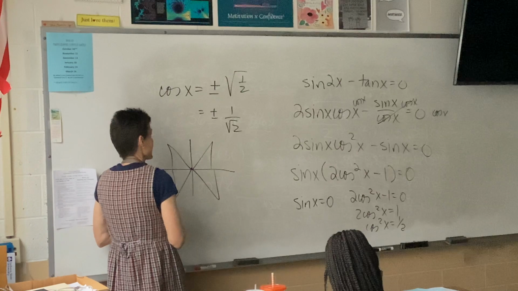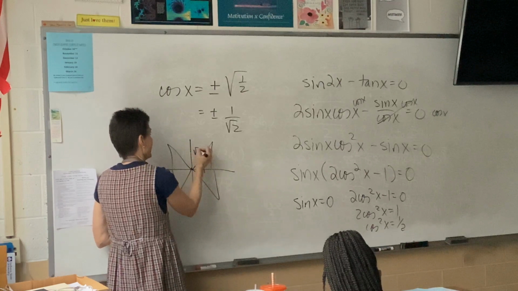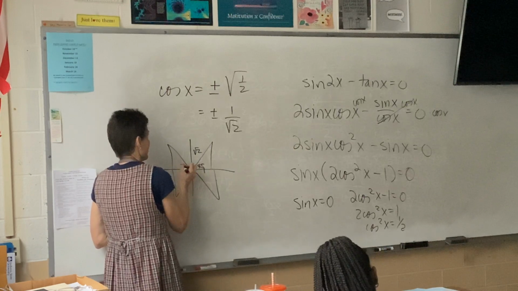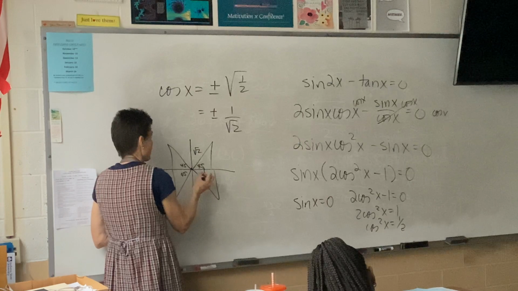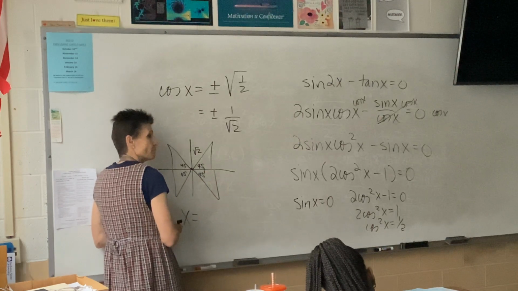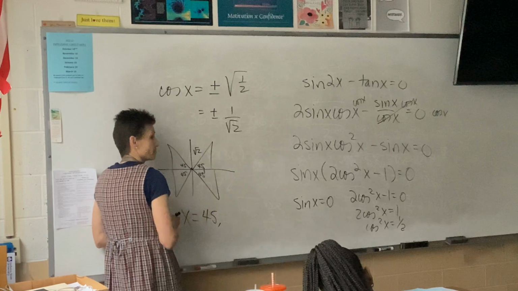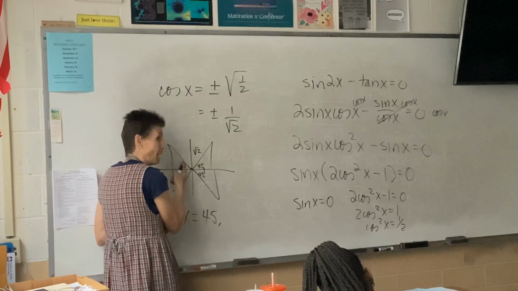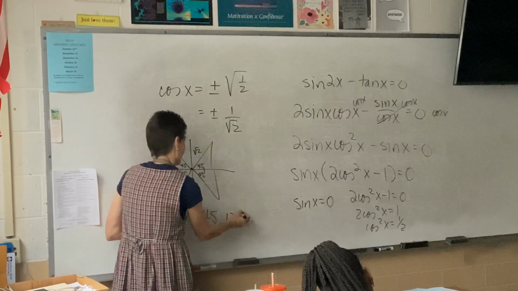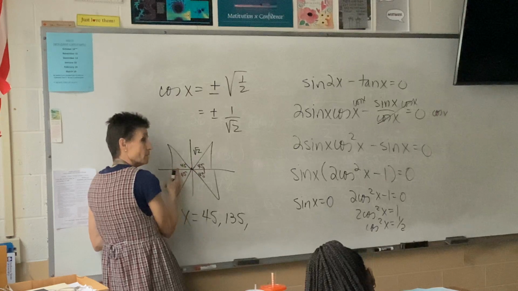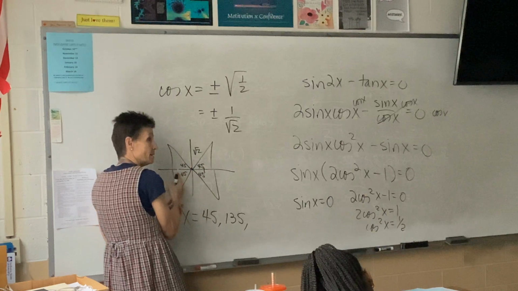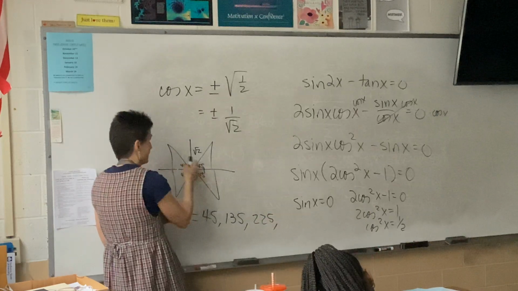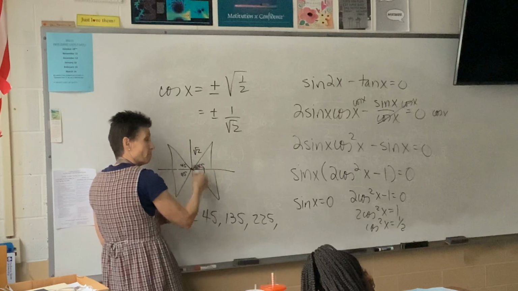What kind of reference angle has an adjacent one and a hypotenuse root 2? 45. So you got 45s in every quadrant. Can you figure out what those are? 45. 180 minus 45. 180 plus 45. And 360 minus 45.